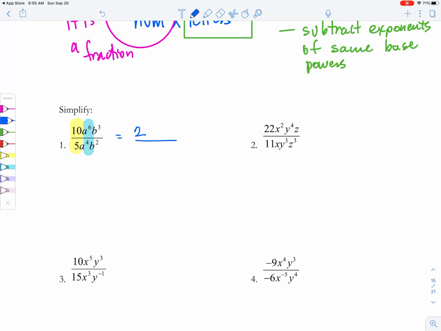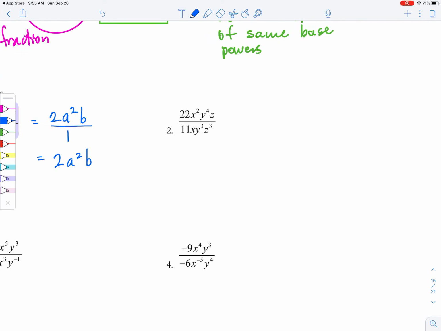So we're going to be left with a^2 up top. Then if we look at the b's, 3 b's up top, 2 b's down low. So the top's going to win, and we'll have 1 b. And there's not really anything left behind, so that would be like 1, but we don't have to write that denominator of 1.